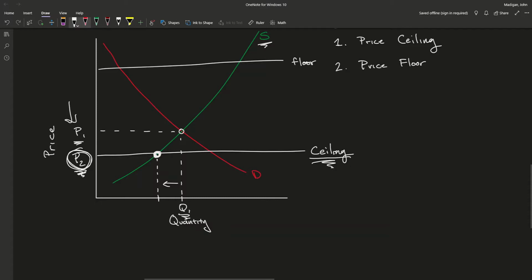Now, the supply is right here, and the demand is up here. So the problem with the price ceiling is even though this many people want it, only this many people will be able to get it. So the demand is way out here.